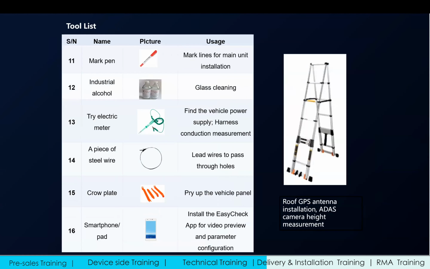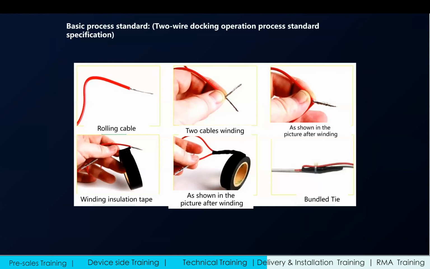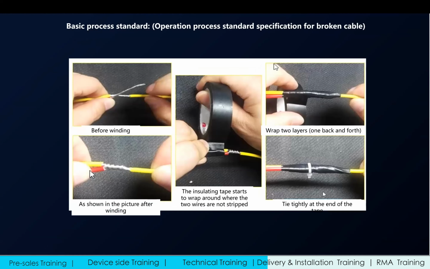Most of them will be used to do the installation before the construction. The next part is the installation process requirement. This one is about cable connection. What are the correct steps? Wrap the cables together, use tape to cover it, and use a tie to bind. There are also other types of cable connections.